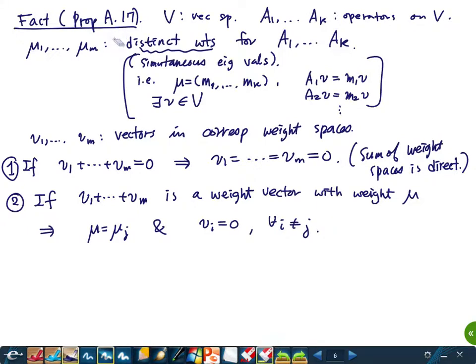I think it's true in general. So what is the meaning of 2? I kind of briefly mentioned earlier: if you have two different weight vectors with different weights and you add them, that's not going to be a weight vector.